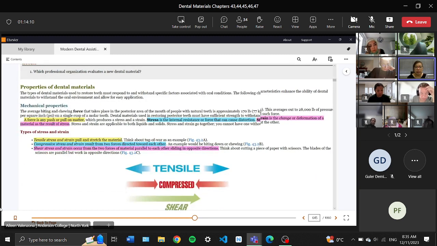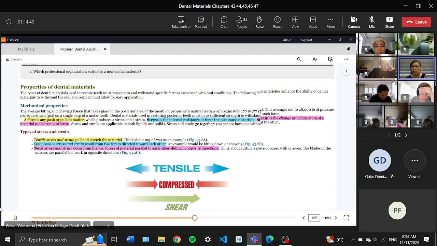Now, mechanical properties. The average biting and chewing force that takes place in the posterior area of the mouth of people with natural teeth is approximately 170 pounds, on average 28,000 pounds pressure per square inch. Meaning that is the force that we are giving our posterior teeth. Again, what is stress? Stress is the internal resistance or force that can cause distortion.